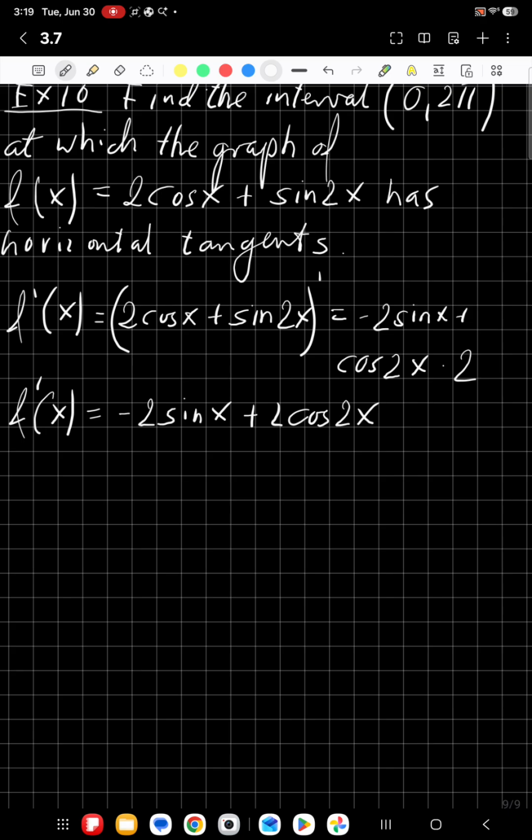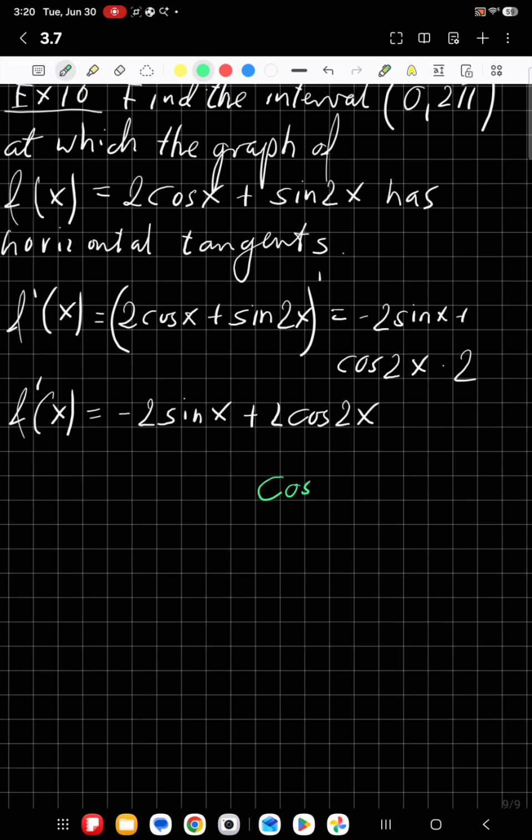Okay, so at this point we have two different functions, right? And it would be nice if we had just one function, and then it's possible to solve it. So what we'll do, we'll replace this part with the double angle identity for cosine 2x. Let me write all its versions.